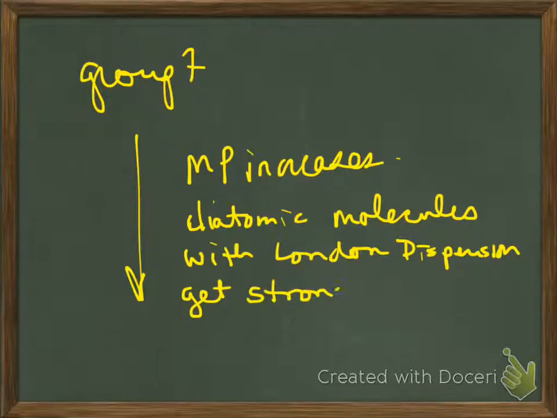So the attractive force is the electron cloud. The electron cloud is more polarizable, giving stronger London dispersion forces.